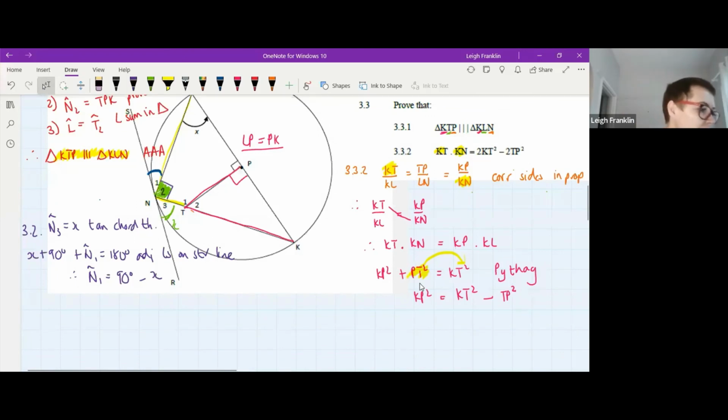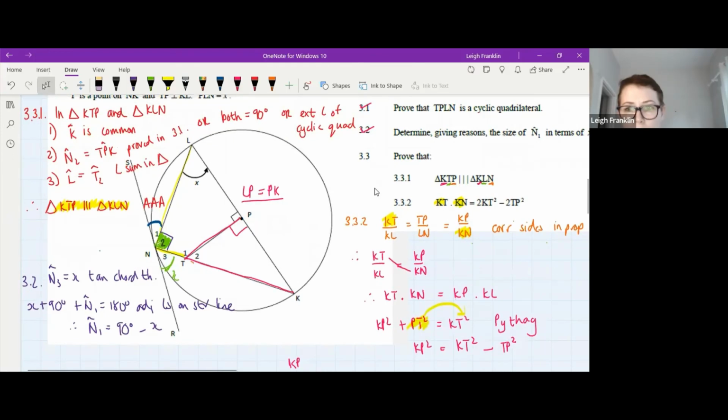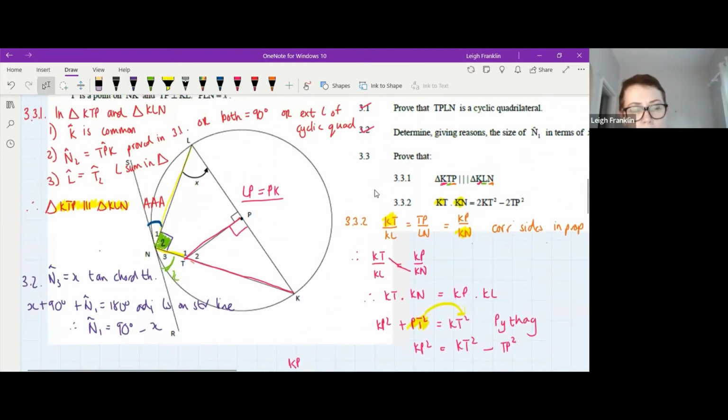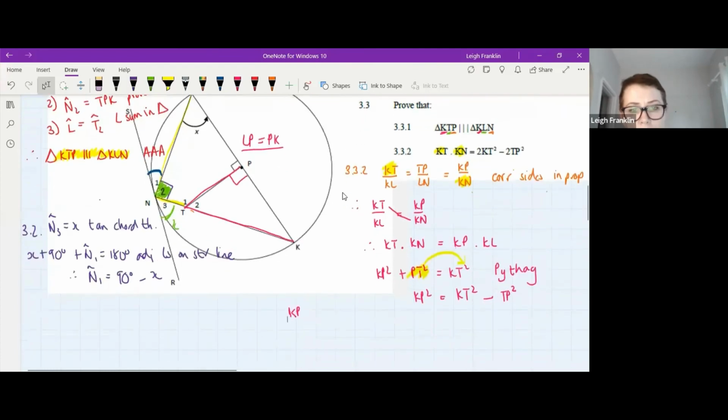So as far as KP times KL is concerned, we can see that KP is equal to KL.